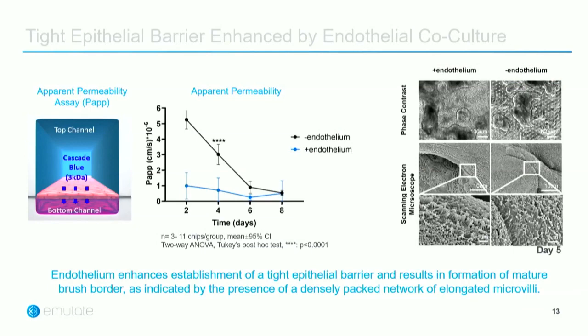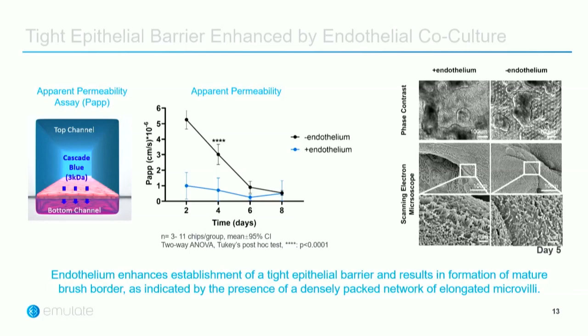First of which is barrier function. On the left, we're seeing the scheme of a permeability assay where we introduce a Cascade Blue tracer in the upper chamber, and we monitor the egress of that tracer, and that gives us permeability plots that are shown in the graph next to that. In both cases, on these two curves, we're seeing at day 8 we get really strong barrier function, low permeability.